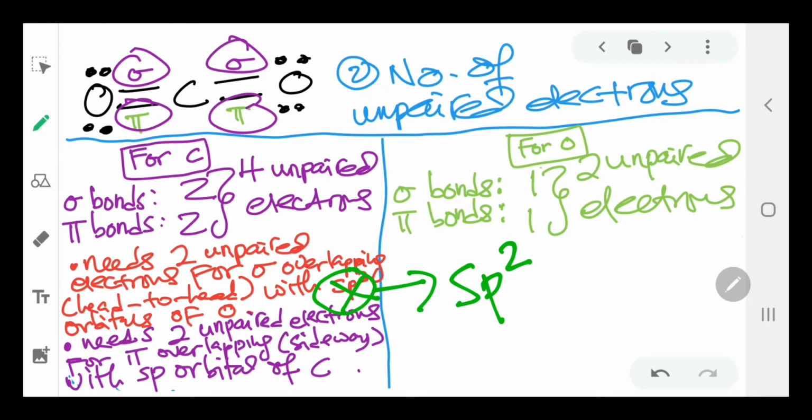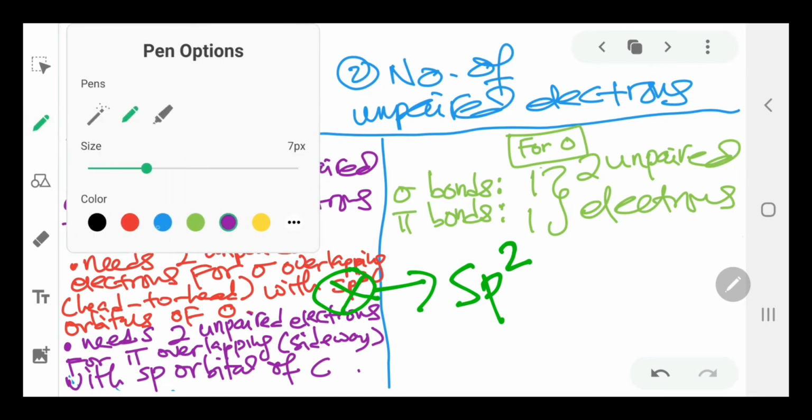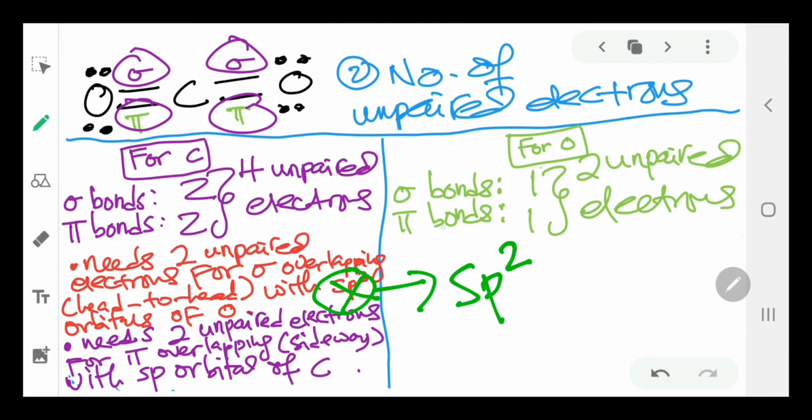Okay, the same goes to the other side. Over here, as you can see, you have 1.